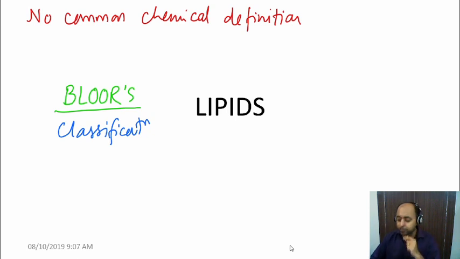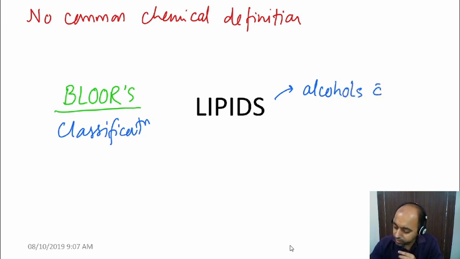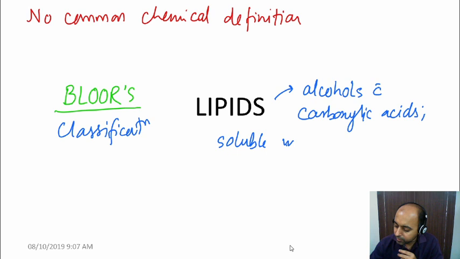Very broadly speaking, the lipids are a group of molecules which contain the alcohols attached with carboxylic acids.